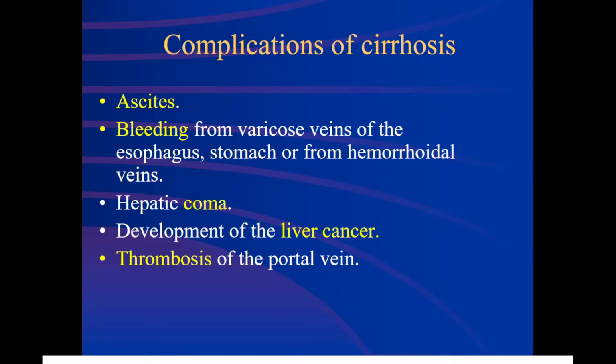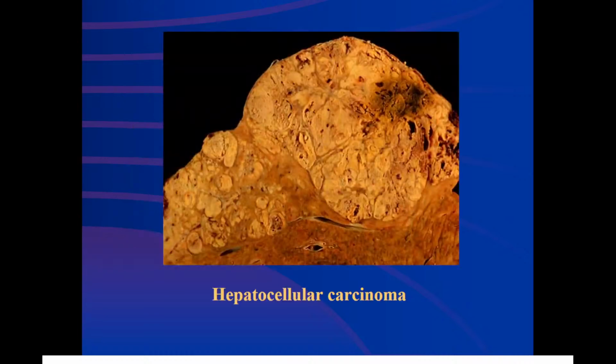Bleeding is more common and more significant from the esophagus. In case of severe encephalopathy, hepatic coma may develop. One of the dangerous complications of liver cirrhosis is liver cancer, and due to portal hypertension, maybe more rare, but also a dangerous complication, is thrombosis of the portal vein.